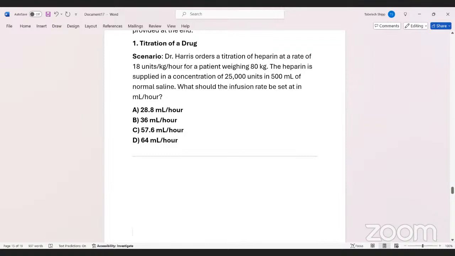Okay. All right. So I see several of you all have started working on the problem. Let's go ahead and get through this one and see if you all are correct.